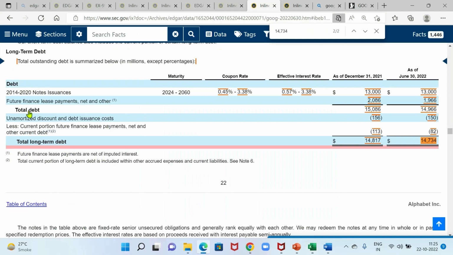We are not adding the unamortized discount and debt issuance cost. We are always taking it after that. So एक तो ये हो गया.